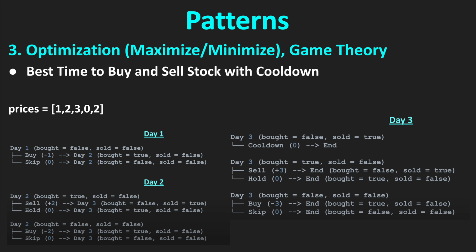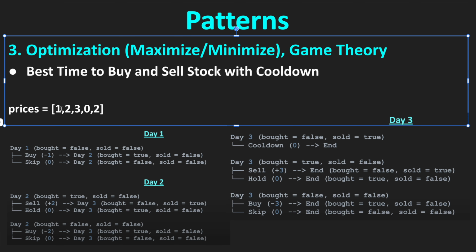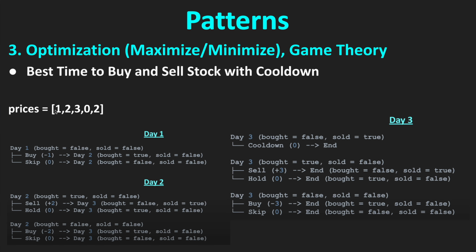The next one is best time to buy and sell stocks with cooldown. In this problem, we are given an array, and the value at each index represents the stock price. We can do 3 things with the stocks: we can either buy or sell, or if we just sold, we need to have a 1 day cooldown.